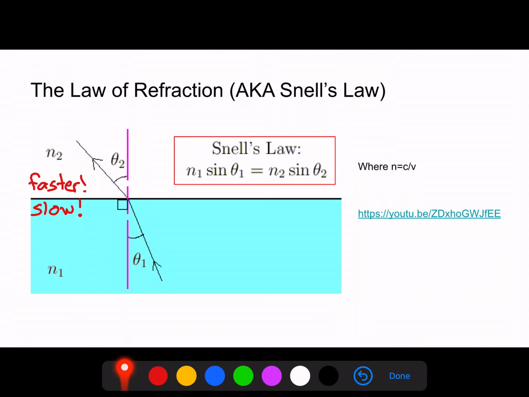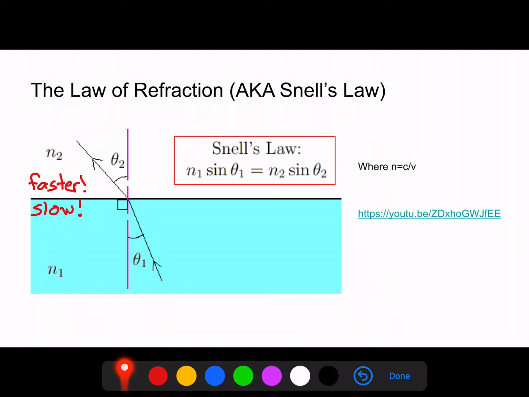Well, I'm going to have a larger index of refraction here for n1 than what I have for n2, which means that theta 2 has to be larger than theta 1. That is to say, if I'm going from a slower substance to a faster substance, the refraction will be away from this normal. This theta will grow larger.